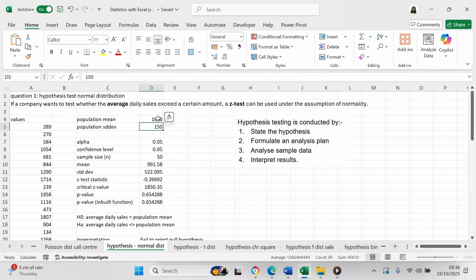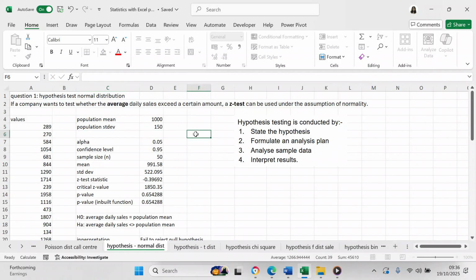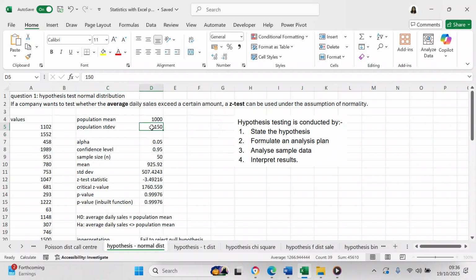Your population standard deviation is 150. Your alpha, that's your significance level, is going to be 5%. Your confidence level is going to be 95%. Your sample size is 50, so you're going to count A5 to A54.